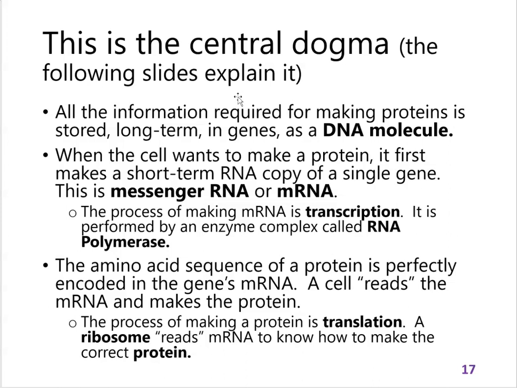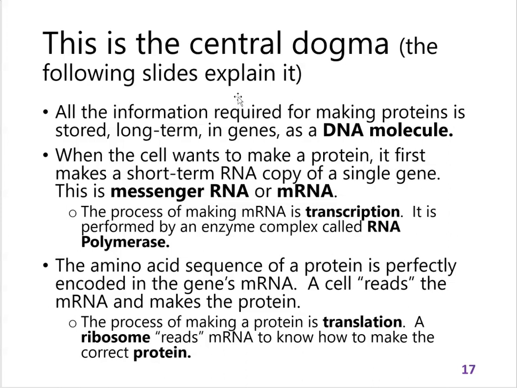What it has to do is get that information to the little machine that decodes it. And so it makes a small, much shorter copy of a gene. So the DNA contains all the genes, but a messenger RNA will be made that is almost identical to DNA, but it's short.